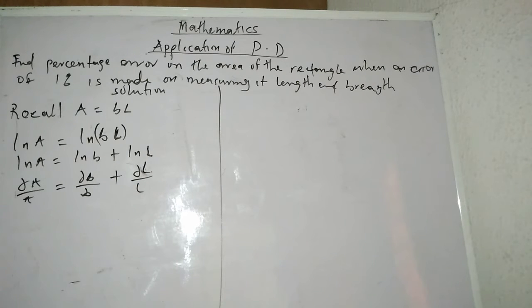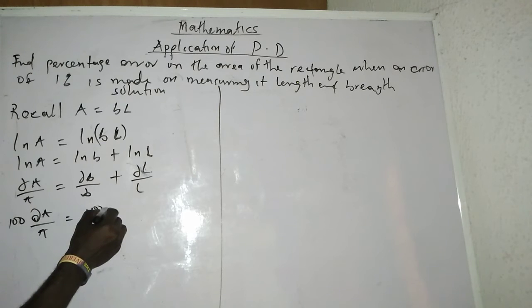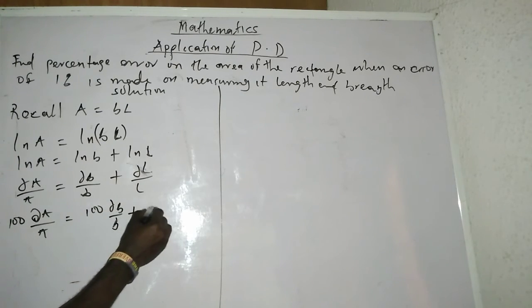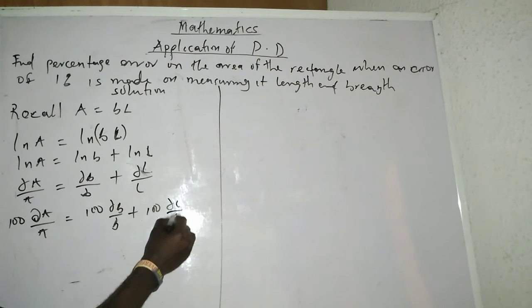Now, if I should multiply all through by 100, which becomes a percentage, I'll be having 100 dA all over A equals 100 dB all over B plus 100 dL all over L.